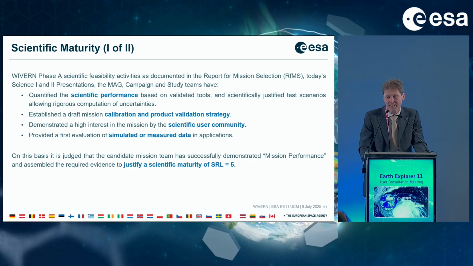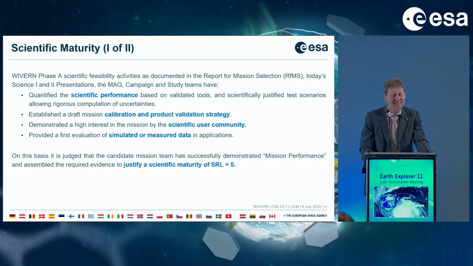They have also established a draft mission calibration and product validation strategy. As for CAIRT, this is also important going forward. They have demonstrated a high interest in the mission by the scientific user community, which was also just shown by Mariam with the last slides. They also provided a first evaluation of simulated and measured data, which we have also seen with the model data and the nice animations that were just shown.